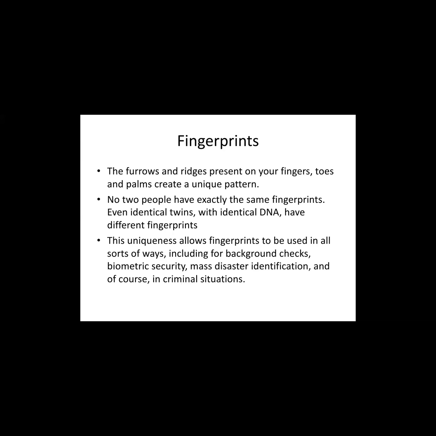Fingerprints, furrows, and ridges present on your fingers, toes, and palms create a unique pattern. And the interesting thing is that no two people have exactly the same fingerprints. Even identical twins with identical DNA have different fingerprints. This uniqueness allows fingerprints to be used in all sorts of ways, including background checks, biometric security, mass disaster identification, and of course, in criminal situations.